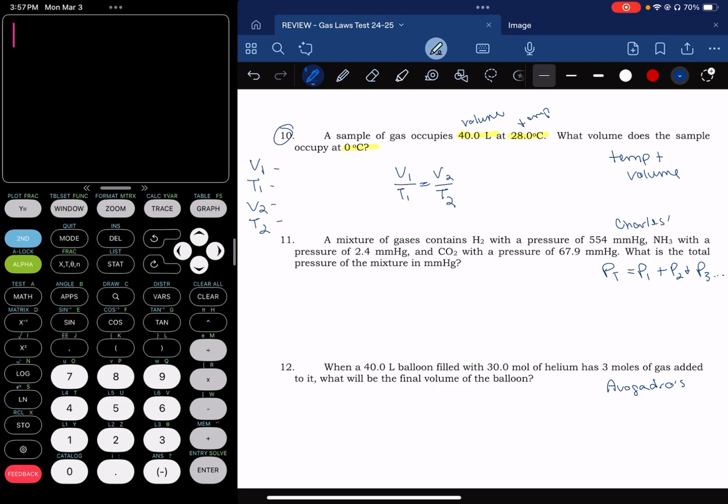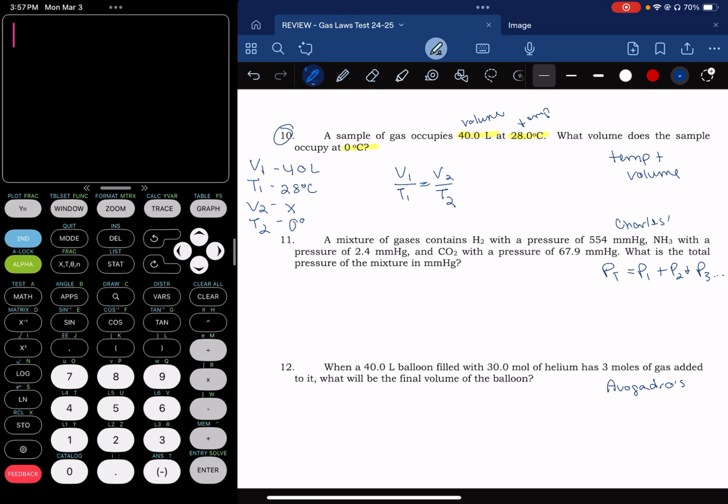So a sample of gas occupies 40 liters, so I'll put 40 liters here, and our temperature is 28 degrees Celsius. It asks what volume the sample occupies at 0, so our unknown x is our final volume.